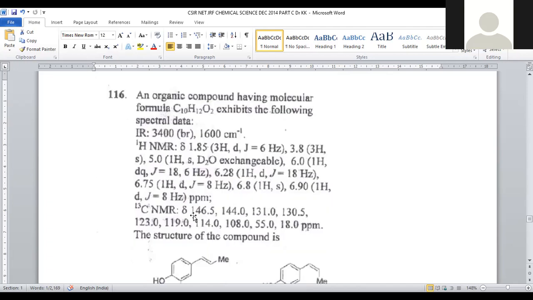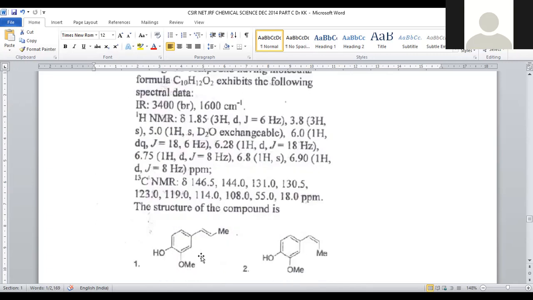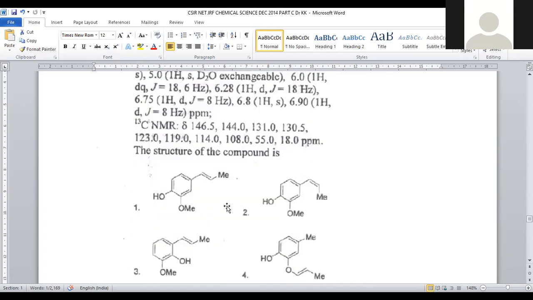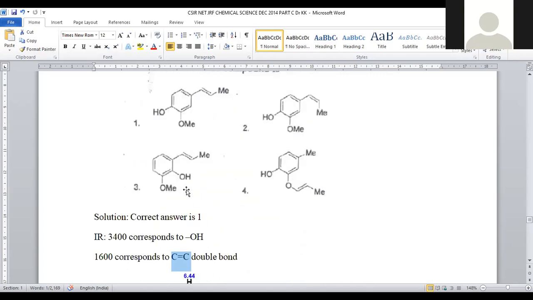Later 146, 144, all these belong to aromatic ring carbons. 131 is the vinylic carbon. Sorry, 130 is the vinylic carbon. 131 belongs to aromatic itself. Based on this, and this 114, you can identify compound number 1 as the right answer. 18 belongs to methyl. 55 belongs to methoxy. So based on all this data, for question number 116, option number 1 is the correct answer.